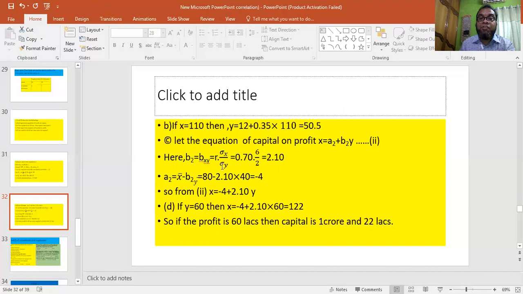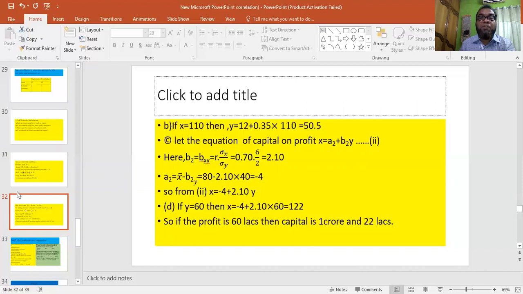Y is the latter one, so sigma y will be the denominator. It is a technique to memorize easily. That is r into sigma x by sigma y. You put the value of r equal to 0.70, sigma x is 6, and sigma y is 2.